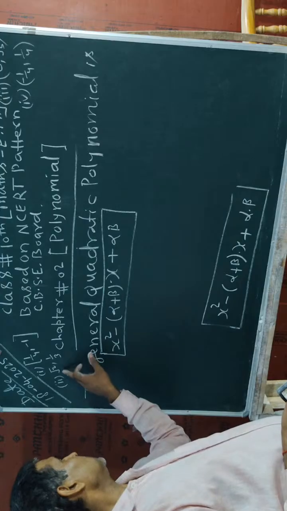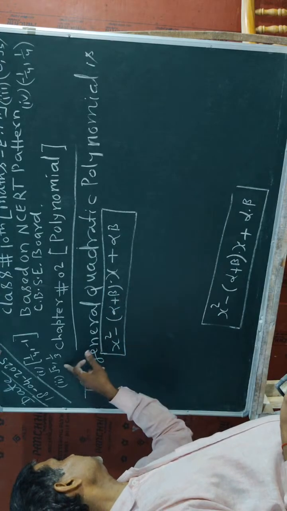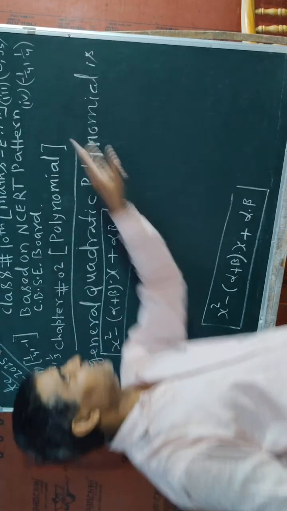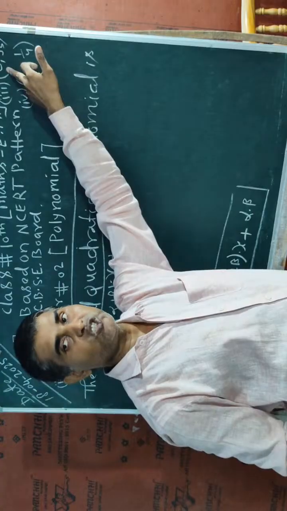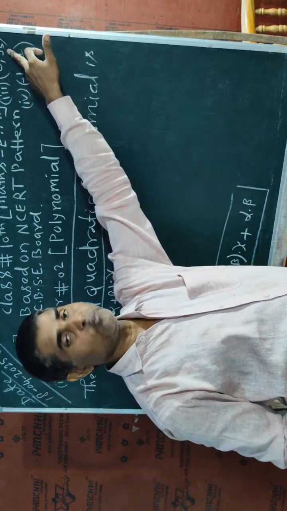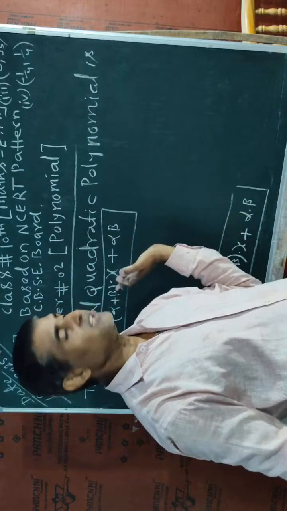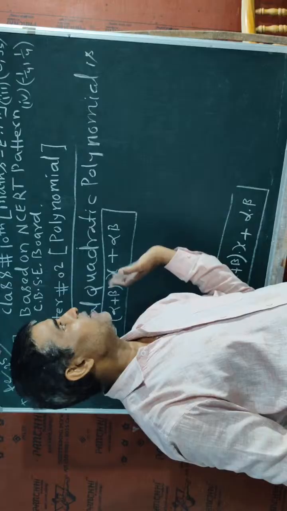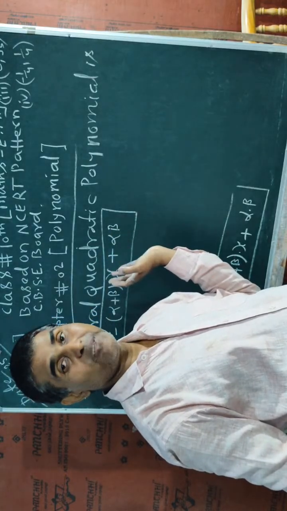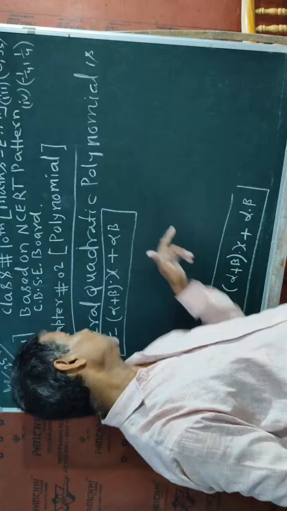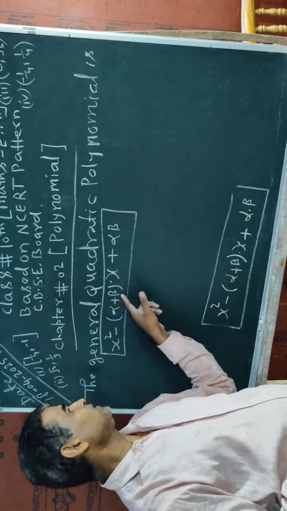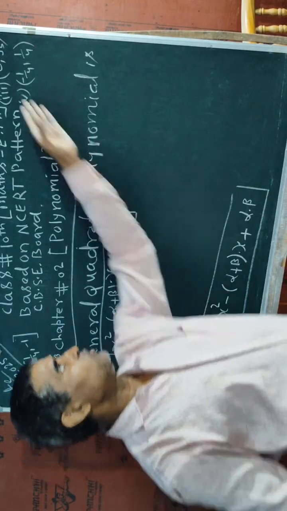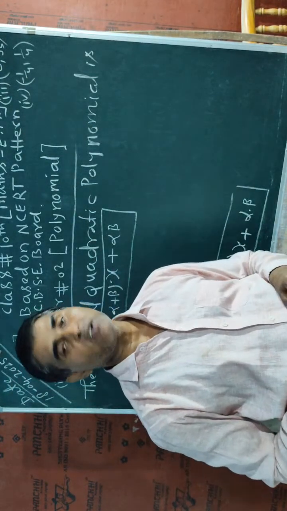Same in this question, the value of alpha plus beta is √2 and alpha into beta is 1/3, and here alpha plus beta is given 0, but alpha into beta is given 5, so I will put there 5 √5, and after simplification I will get the general quadratic polynomial that will become a particular quadratic polynomial, because in the case of alpha and beta I will say this is the general quadratic polynomial, but I will put the particular value, so I will say that is the particular quadratic polynomial.